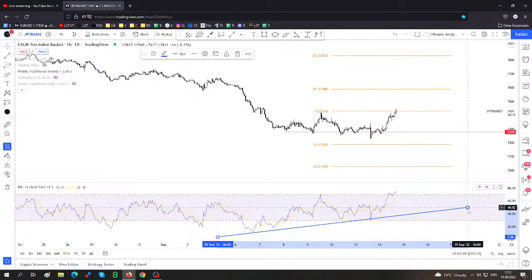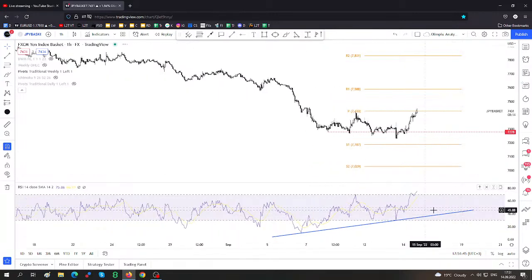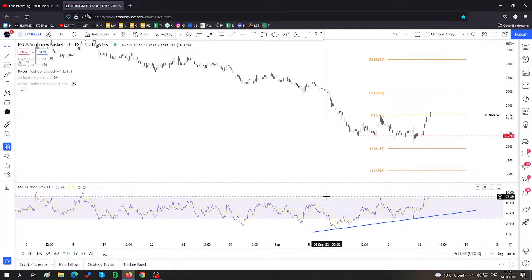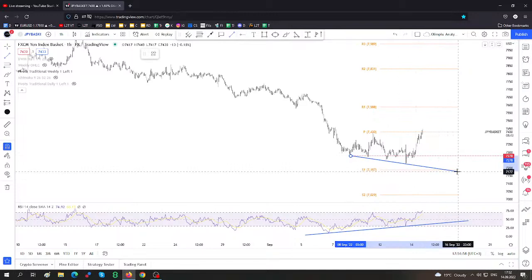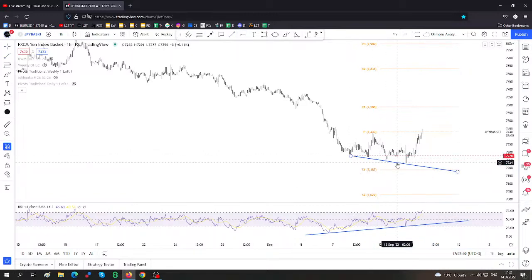You can see that the RSI and the price action show lower lows and higher lows. Here the RSI signaled bullish divergence.